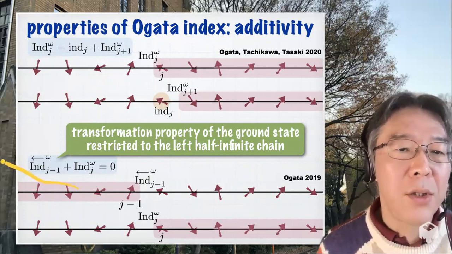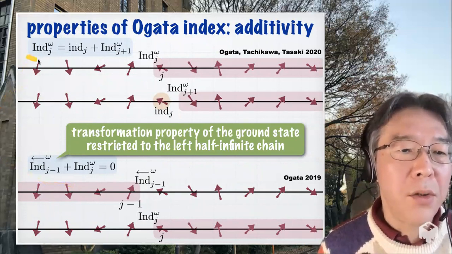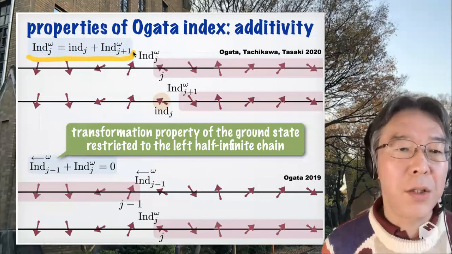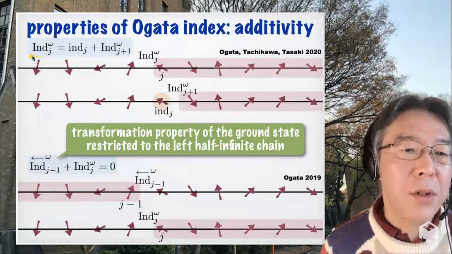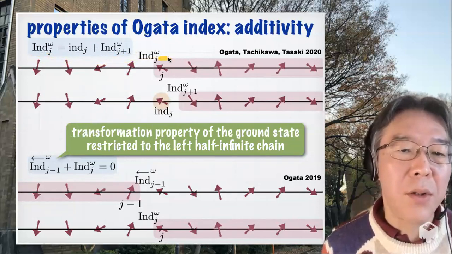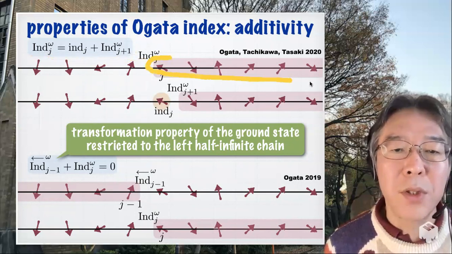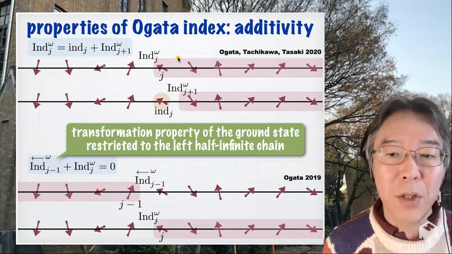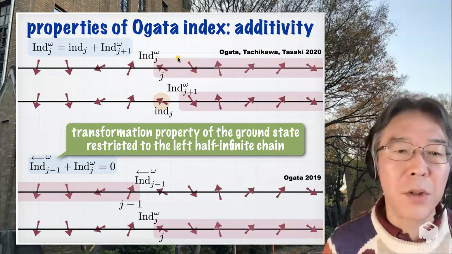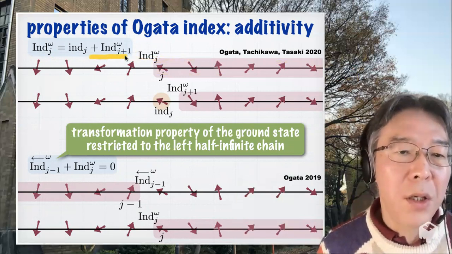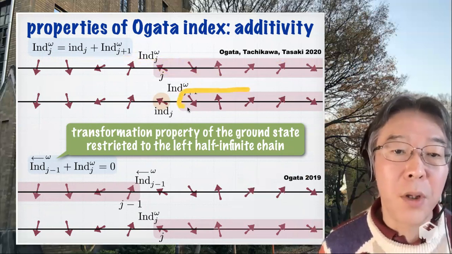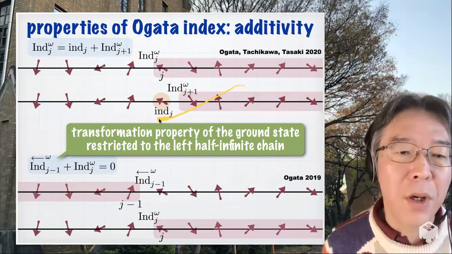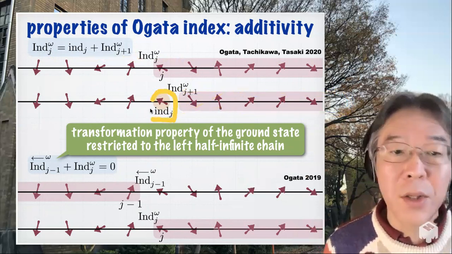First, this is additivity. The Ogata index satisfies this identity. What is this? First of all, this uppercase IND describes the transformation property of the ground state in this half infinite portion of the chain. This is something difficult. You need von Neumann algebra and so on. And also this one here represents the transformation property of this half infinite portion. And this is also something difficult. Then this lowercase ind is something simple.